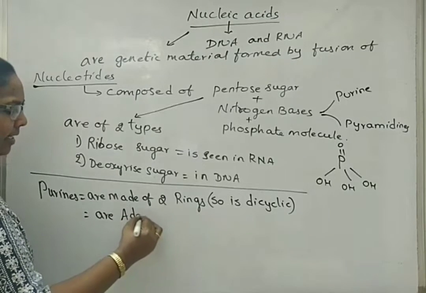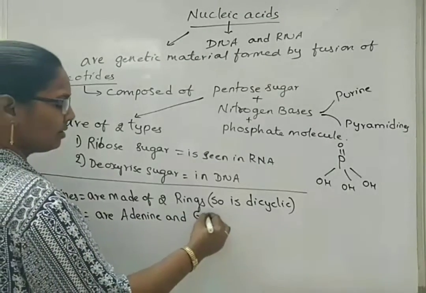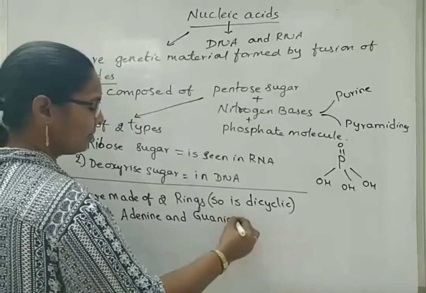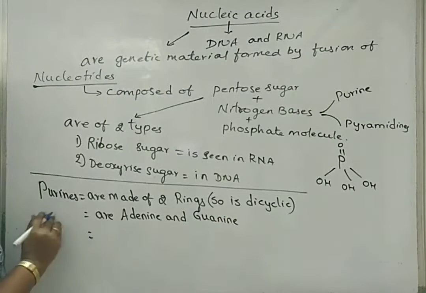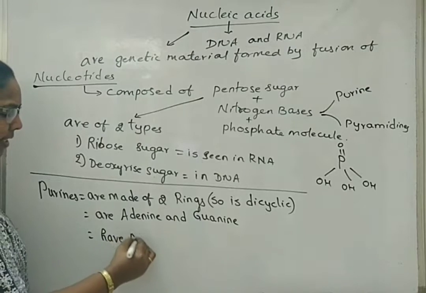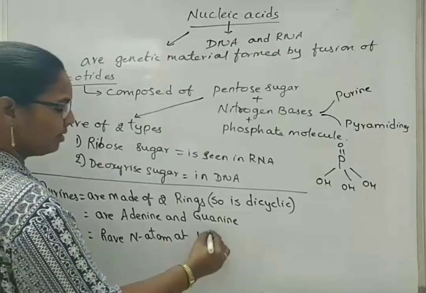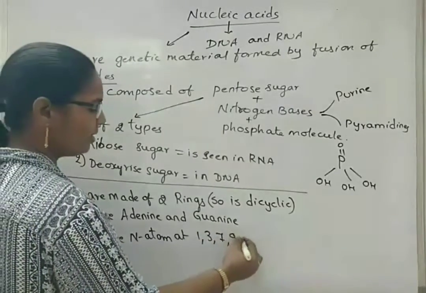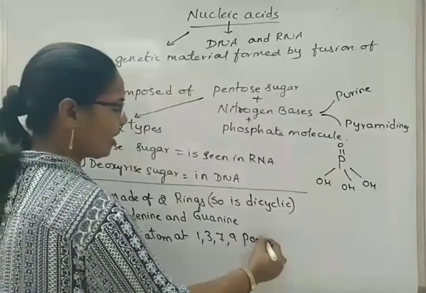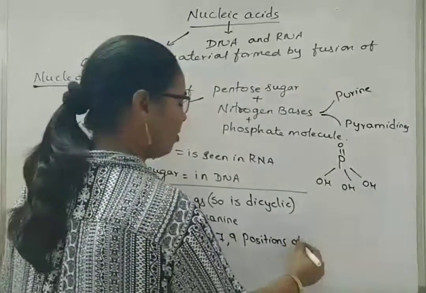Adenine and guanine. Purines have nitrogen atoms at 1, 3, 7, 9 positions of the rings.